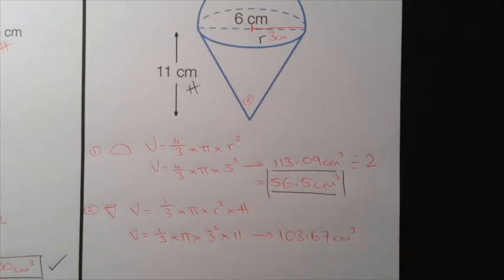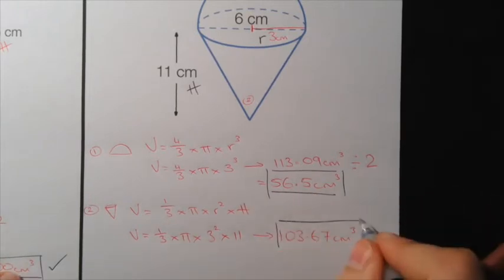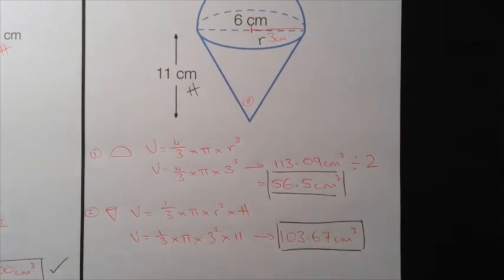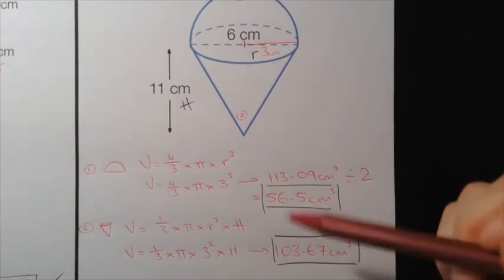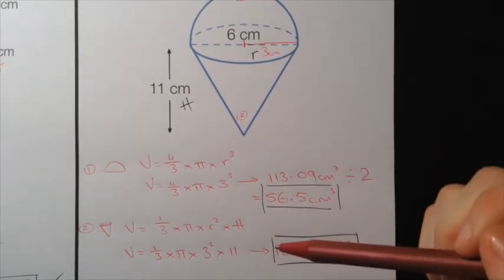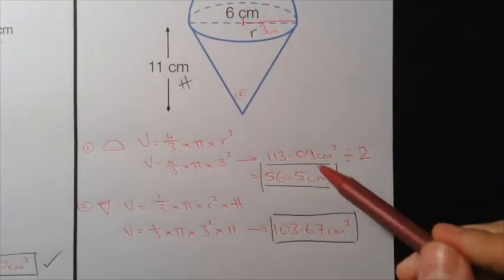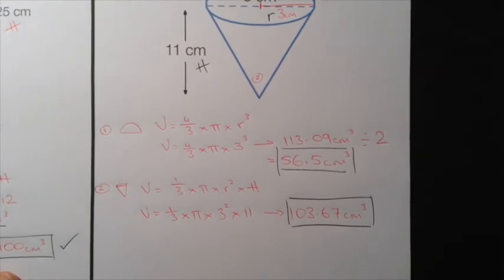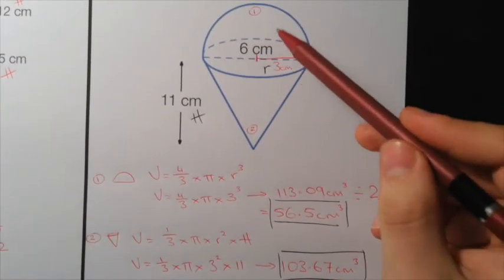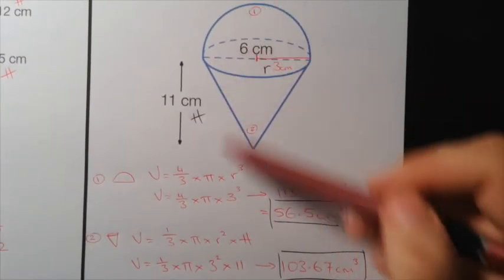So we've got our answer for the volume of our half scoop of ice cream on top, and we've got our answer for the volume of our cone on the bottom. Now what we need to do simply is add these two numbers together to get our final answer for the volume of this whole shape.